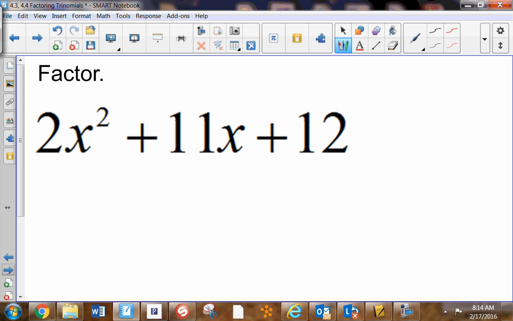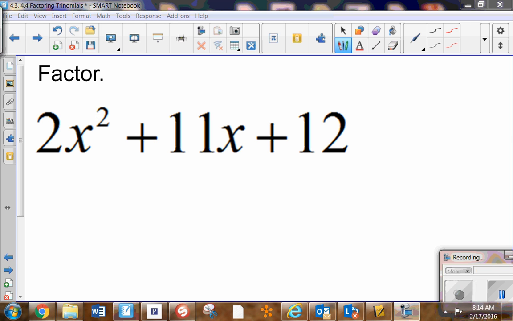So let's say we have 2x squared plus 11x plus 12. The first step is to multiply our A times our C. So that's 2 times 12, which is 24. I like to put my 24 right here. I'm looking for numbers that multiply to give me 24 and add to give me the middle term of 11.